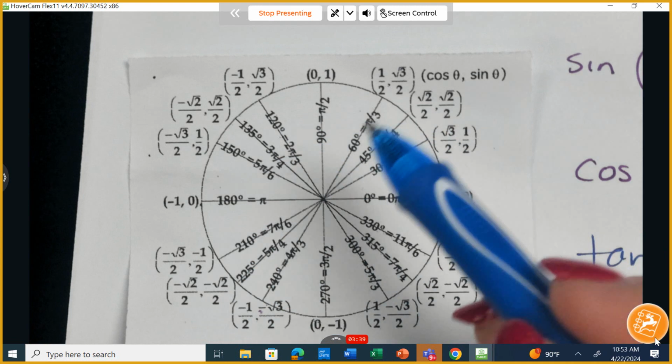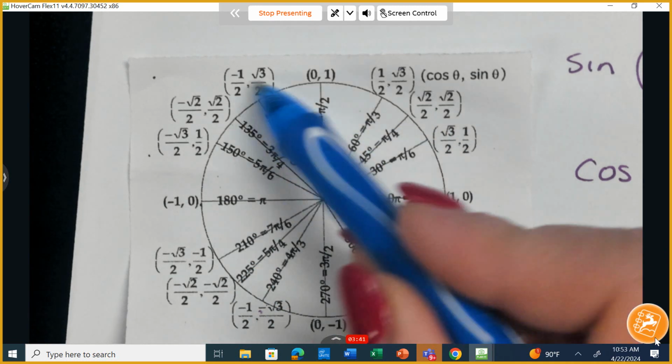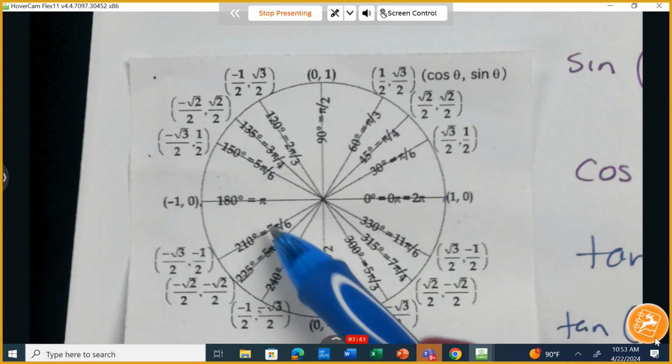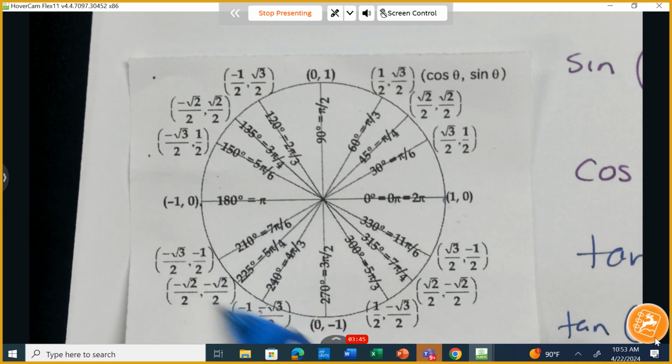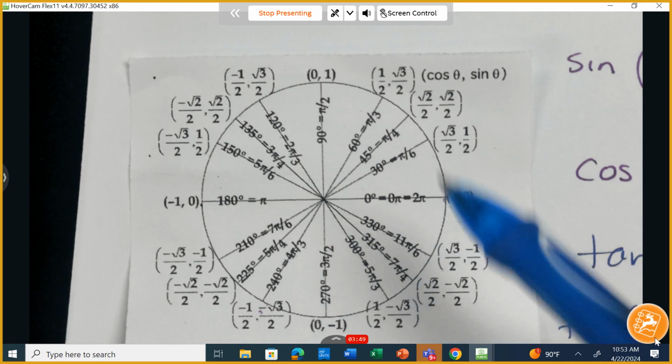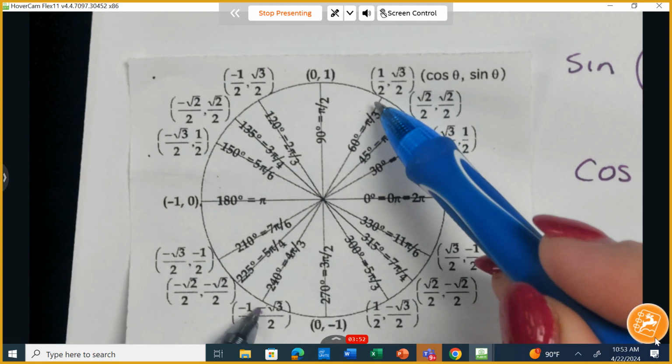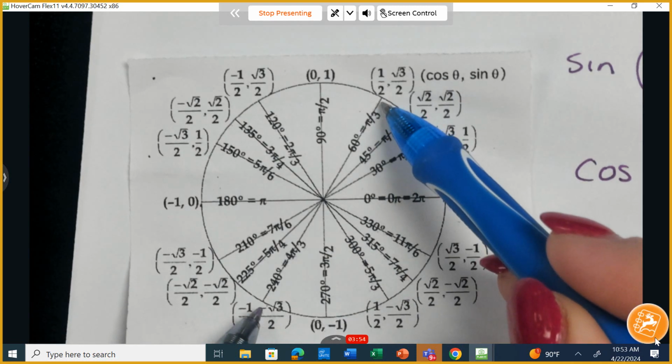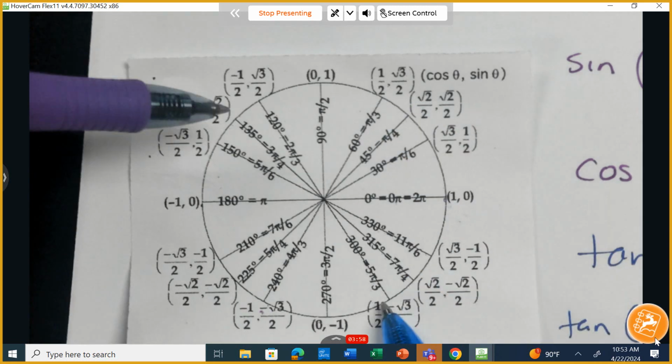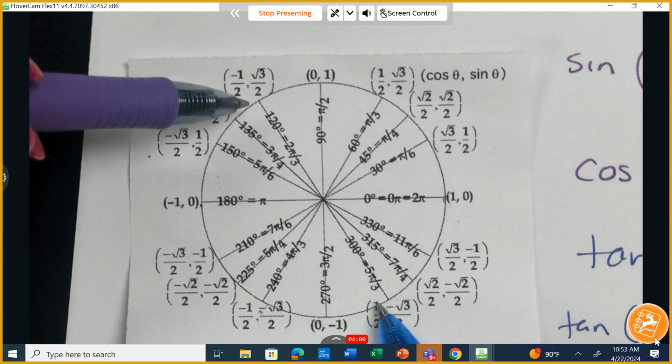All-star trig class. So all-star, only sines are positive, everything else negative. Trig, only tangents are positive, everything else negative. All-star trig class, only cosines are positive. That means at this position and this position, we're going to have a positive square root of 3 for the tangent. These two would have a negative square root of 3 for the tangent.